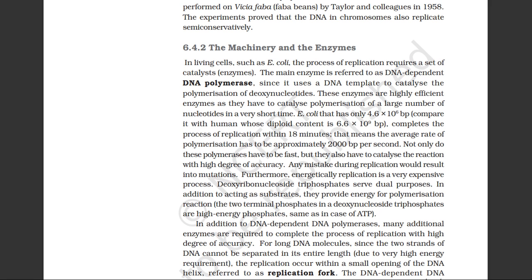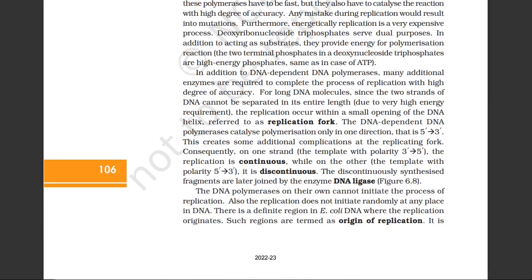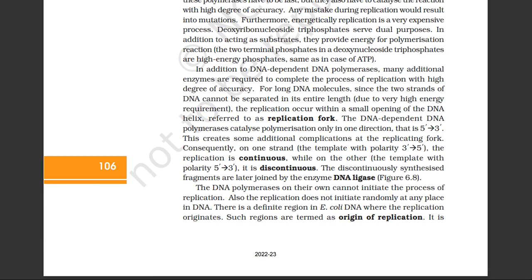For long DNA molecules, since the two strands of DNA cannot be separated in their entire length, due to very high energy requirement, the replication occurs within a small opening of the DNA helix, referred to as the replication fork. The DNA-dependent DNA polymerase catalyzes polymerization only in one direction, that is 5'→3'.